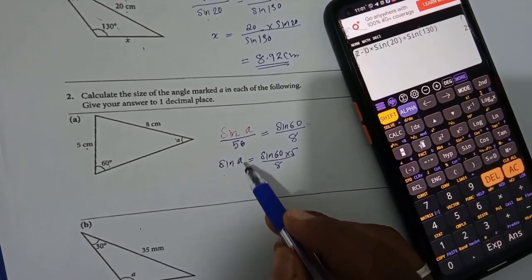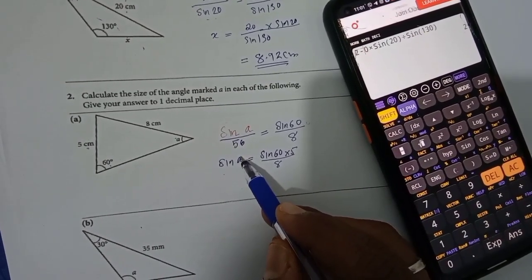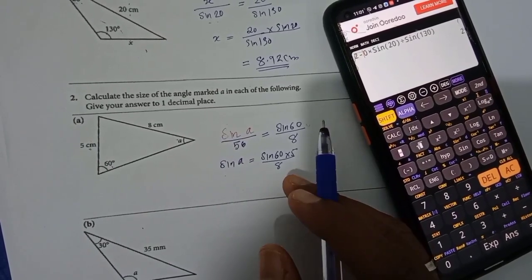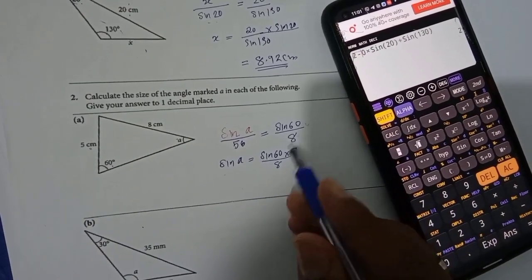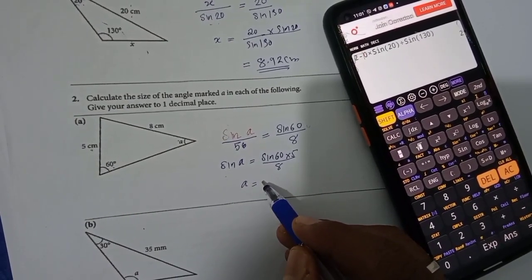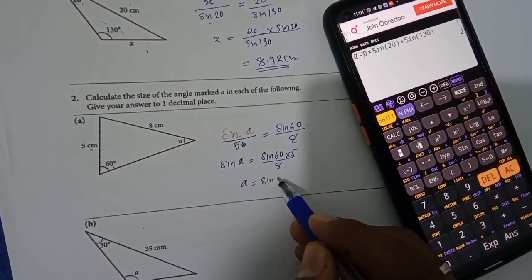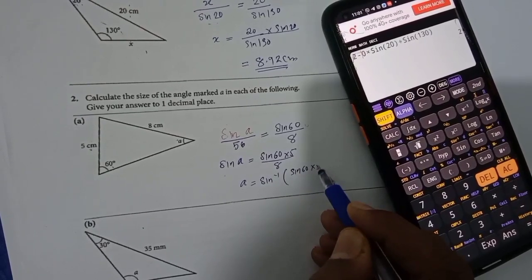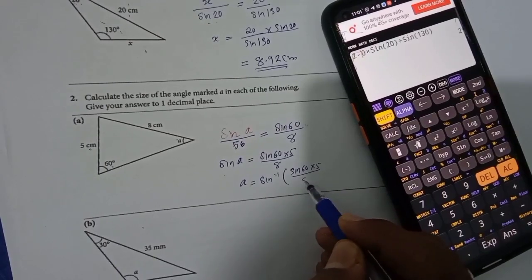Now we are going to find angle A. When we find an angle we use the inverse, so A is sine inverse of sine 60 into 5 divided by 8.